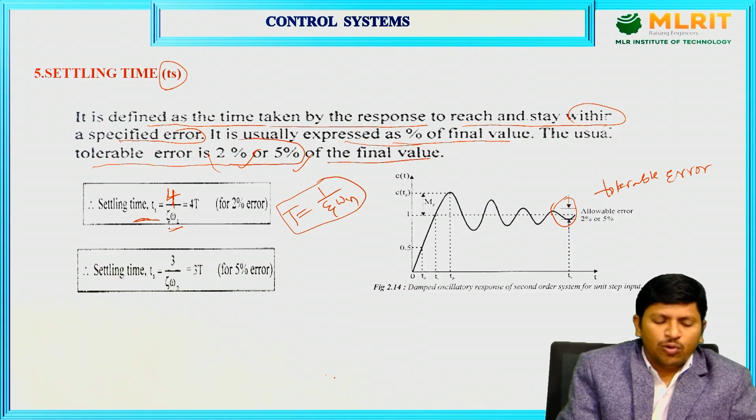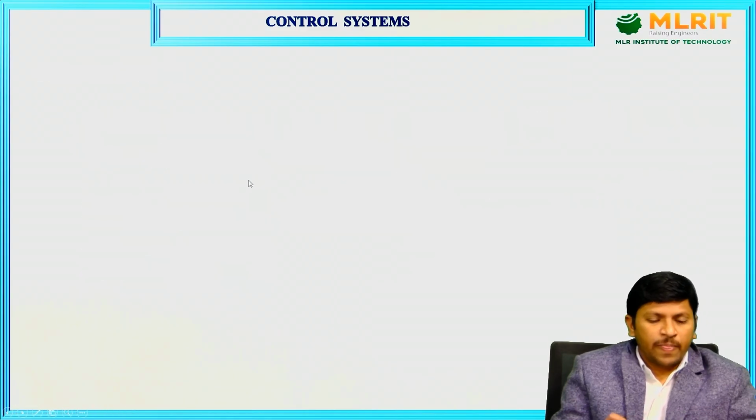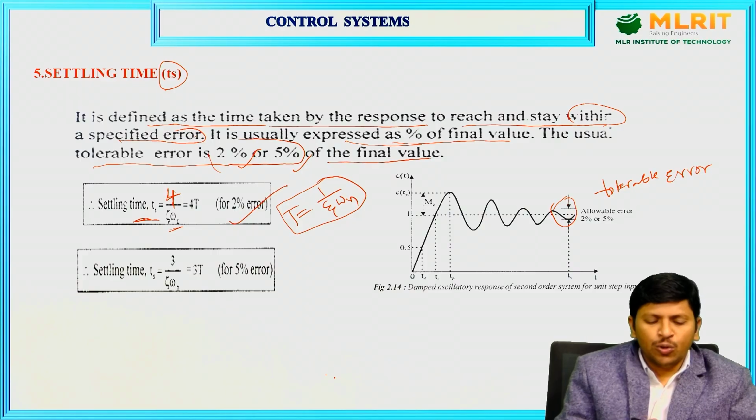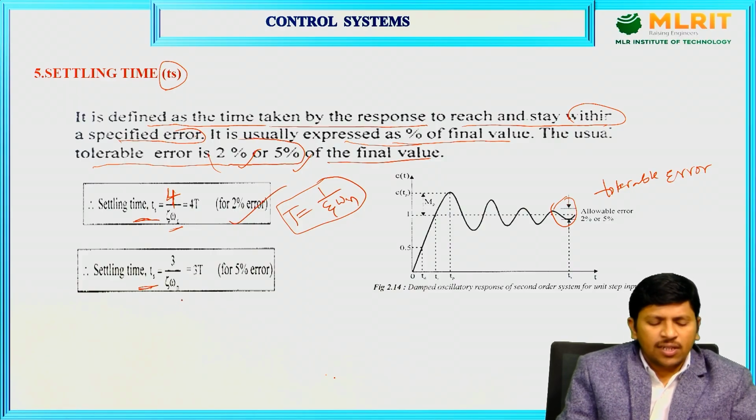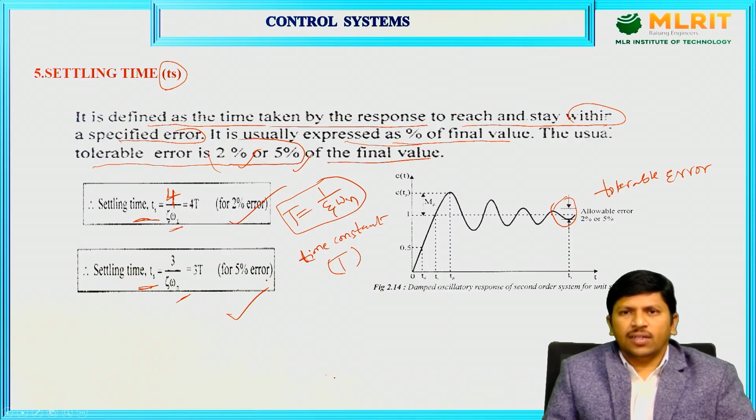Substituting T in place of 1 by zeta omega n, that is 4T for the 2% error. For the 5% error, the settling time Ts equals 3 by zeta omega n, where 1 by zeta omega n is nothing but the time constant, represented as capital T. So it is 3T for the 5% error.